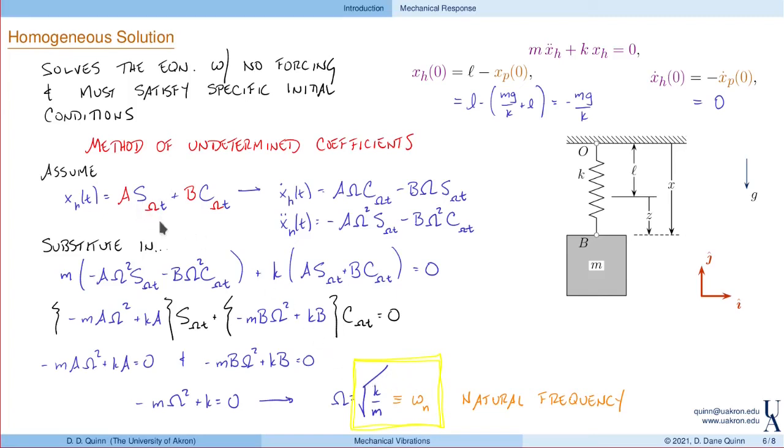And now we find that frequency needs to be the square root of k over m. And because this appears so frequently, we give it its own name. And again, that's the natural frequency. Here we've solved for this frequency of oscillation, but notice that the undetermined coefficients A and B, these amplitudes, are still unknown. Those actually need to be determined to satisfy the correct initial conditions for the homogeneous solution.